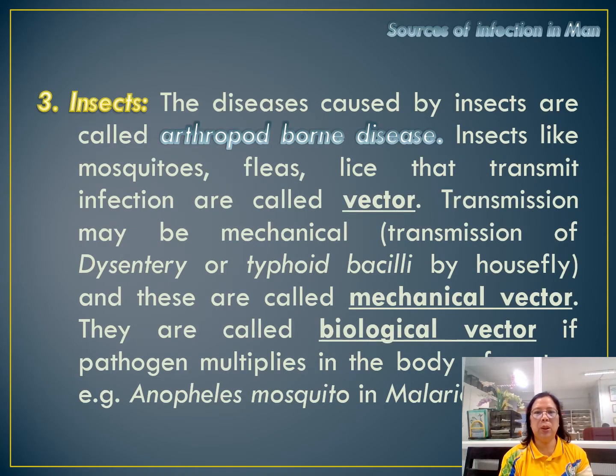And then another cause of infection is the insect group. The diseases caused by insect groups are the arthropod-borne diseases. So this includes organisms like mosquitoes, fleas, and lice that are carrying microorganisms without any symptoms of the disease or any sign that they possess such microorganisms.